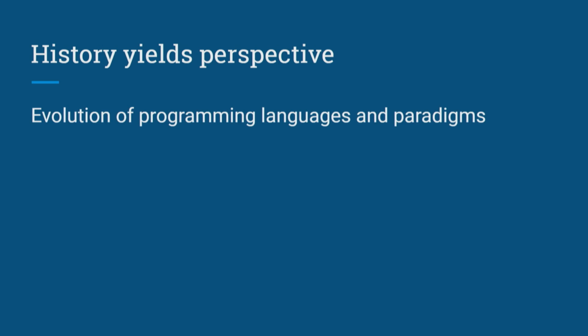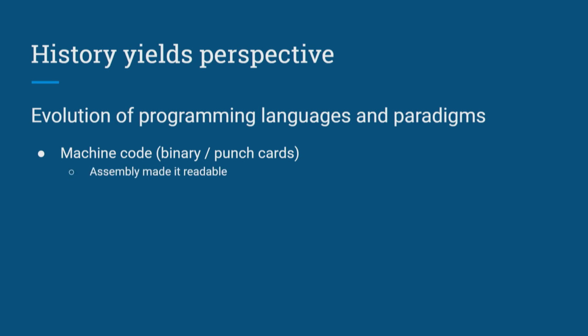So getting into history a little bit, the first programming language was machine code, punch cards, binary. That got upgraded into assembly, so you could actually read what you were doing. Now, if you're familiar with the Ethereum virtual machine, conceptually it's like a machine, and the EVM bytecode is similar to the machine code that existed back then.